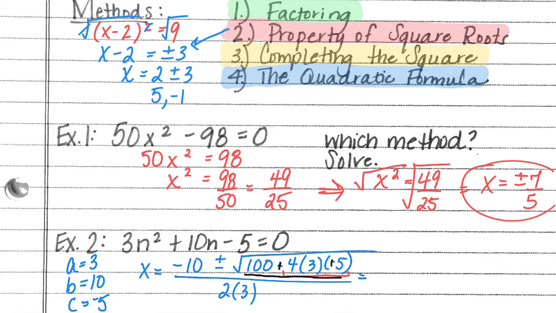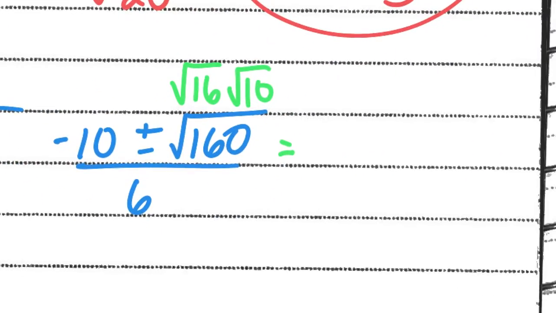So we're going to put in our calculator 100 minus 4 times 3 times negative 5, and you get 160. Negative 10 plus or minus the square root of 160 all over 6. Well, we know that 160 can be 16 and 10. So this is going to be negative 10 plus or minus 4 root 10 all over 6.